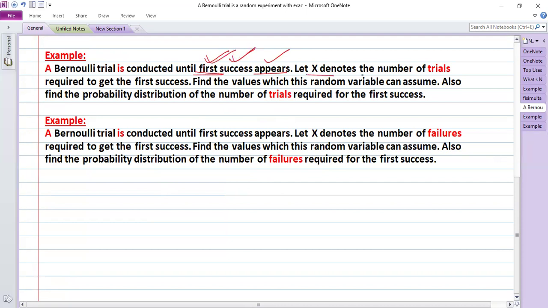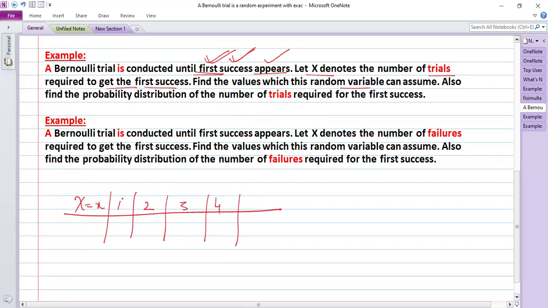Now, what is X here? X denotes the number of trials required to get the first success. So what values can this random variable X have? It can have values starting from 1, then 2, then 3, then 4, and it will go on.